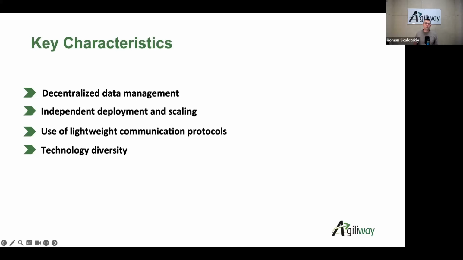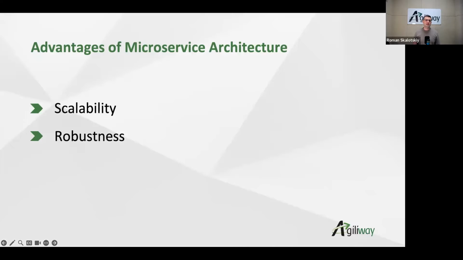So there are a lot of characteristics, but we have reviewed the main ones. Let's review the main advantages of microservice architecture. Today we are going to pay attention to two of them, that improve performance, reduce cost, and support handling of varying loads.